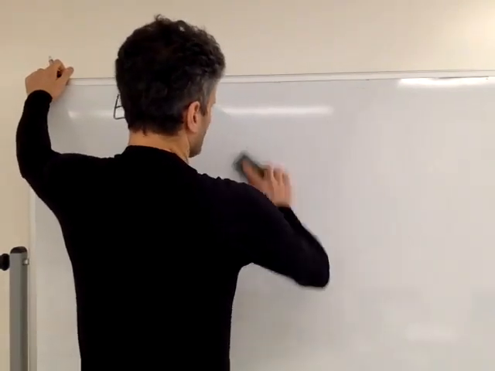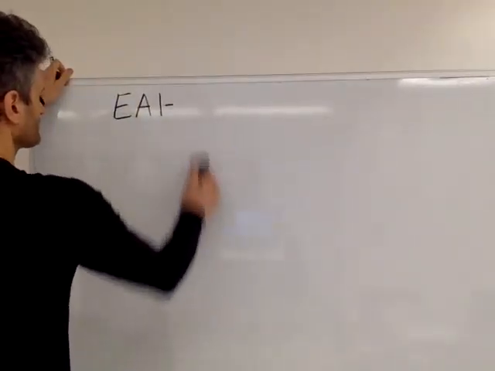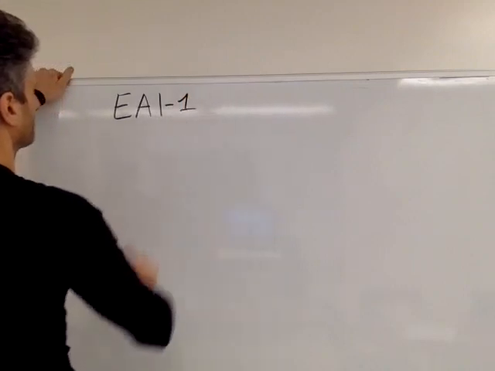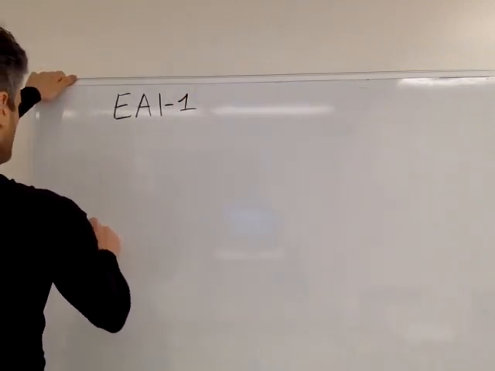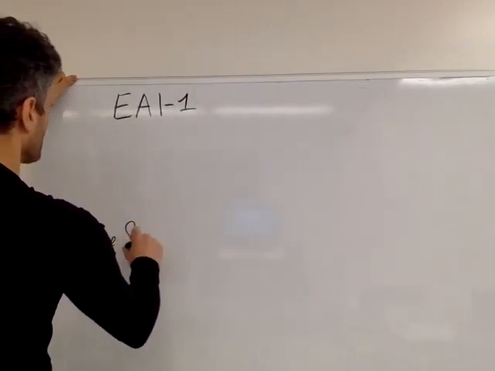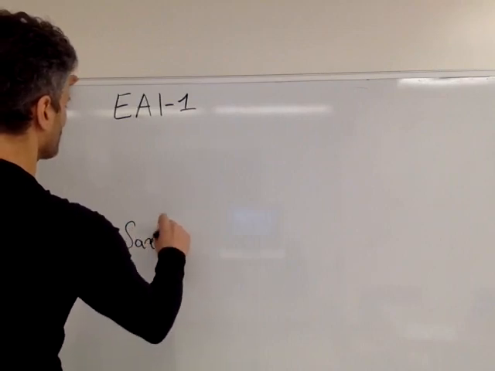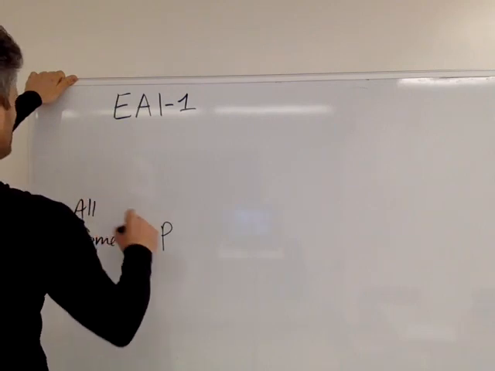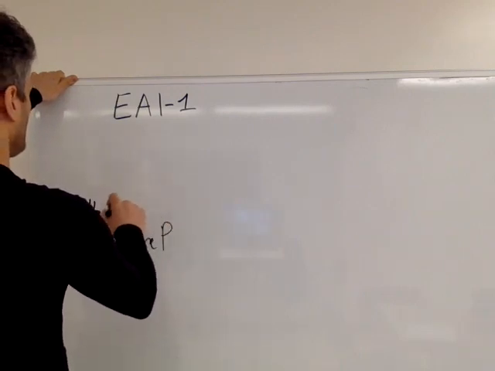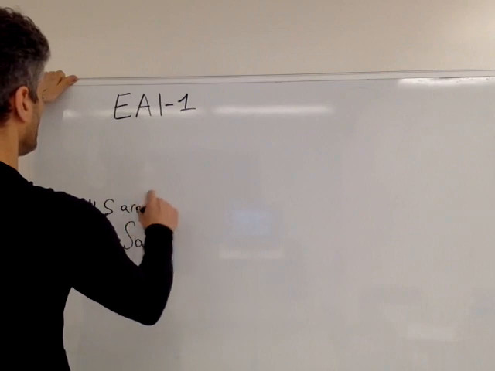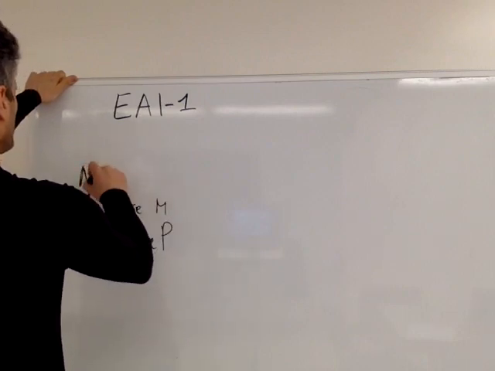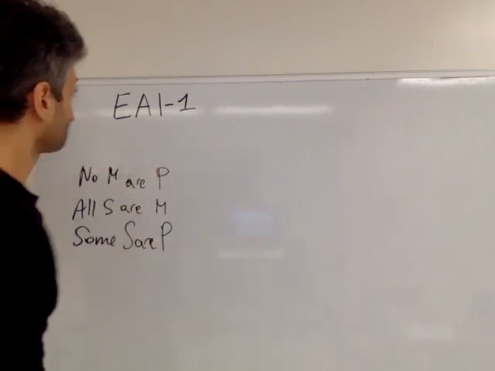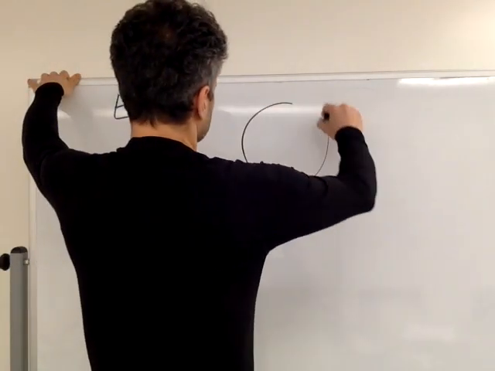Okay. Then, let's try something different. EAI1. Right, so some S are P, all S are M and no M are P. Let's see if there's a difference.